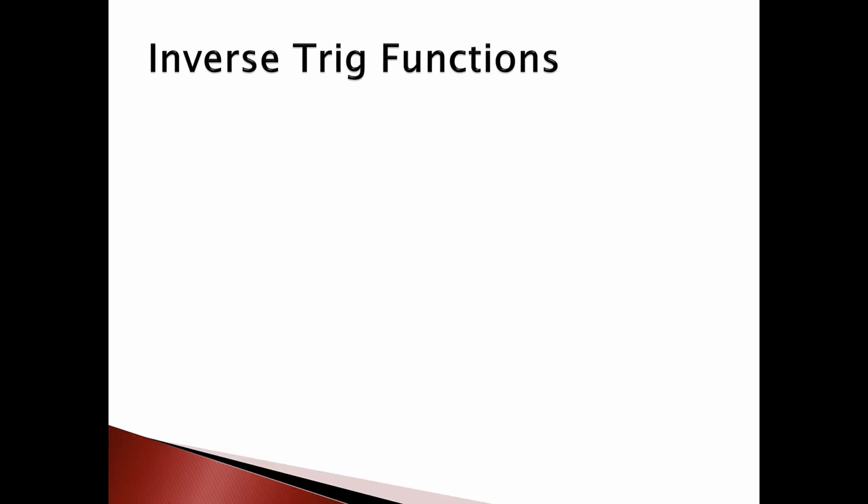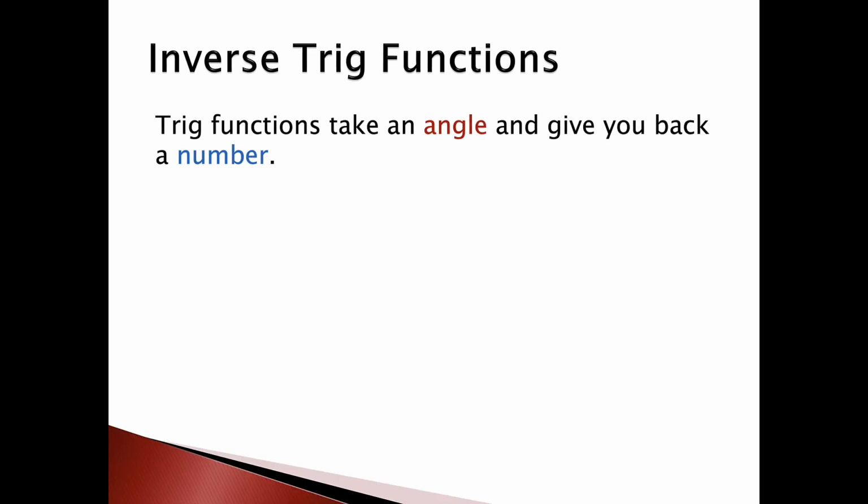Now, here's something really important to keep in mind. The trig functions took an angle and gave us back a number, right? Like we would have sine of some angle, pi over 4 or pi over 6 or something like that, and it would give us a number. That number would be the opposite over the hypotenuse. It'd be a fraction, right? So trig functions take an angle and give us back a number.